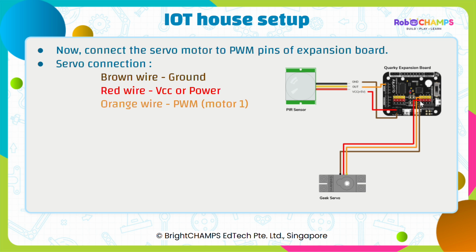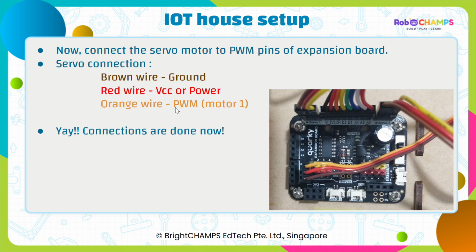Each one has its own number as it's written up here. Mine, I'll put at 4, which is here. Yellow to yellow, red to red, and black to black. As you see here, this one.